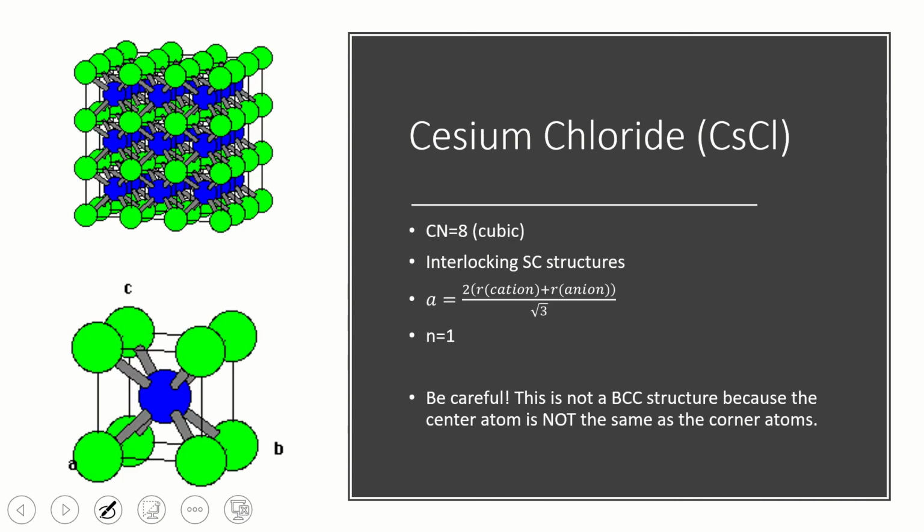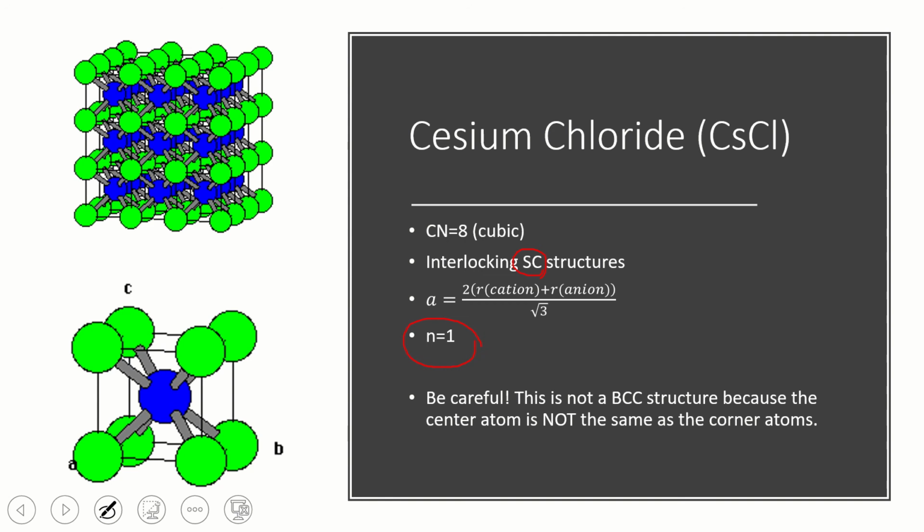The next crystal structure is cesium chloride, CsCl. The coordination number is 8, and if you look back at the table, it is a cubic geometry. It has interlocking simple cubic structures. The lattice parameter is 2 times the radius of the cation plus the radius of the anion, over the square root of 3, and it has a total of 1 atom.